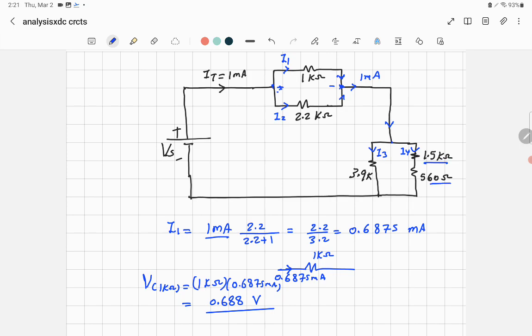So you have to convert the 560 ohm to kilo ohm. How do you do that? You divide this by 1000. So it's equal to 0.56 kilo ohm. And then you add it to 1.5 kilo ohm.